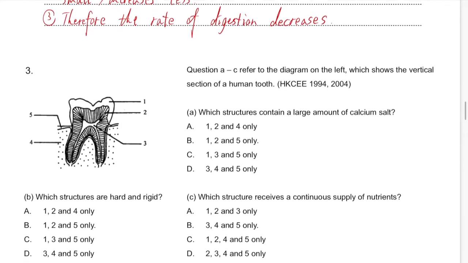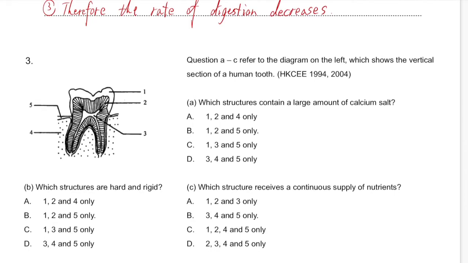Then question 3, it has 4 MC questions. So please refer to the diagram on the left, which shows the vertical section of a human tooth. And this is a Hong Kong CEE question. So for the first one, which structure contains a large amount of calcium salt?